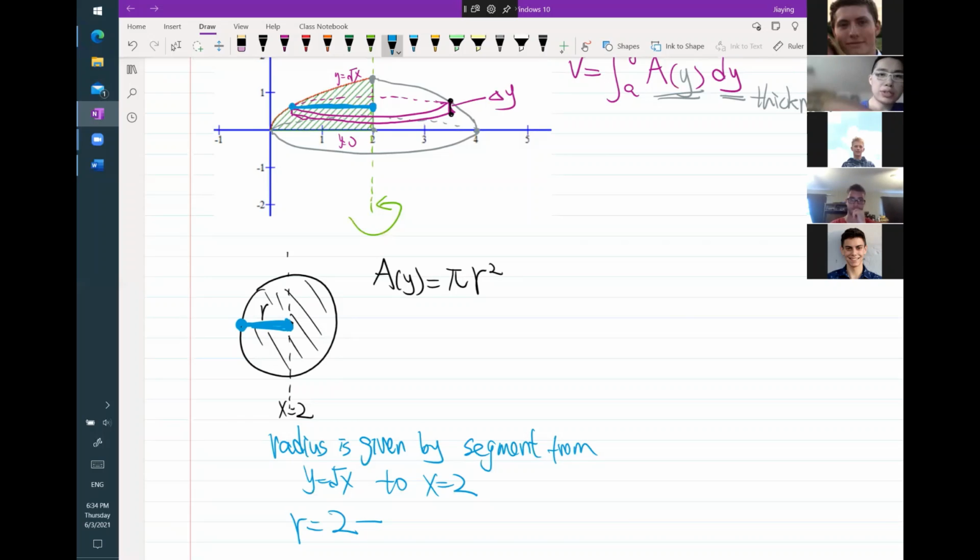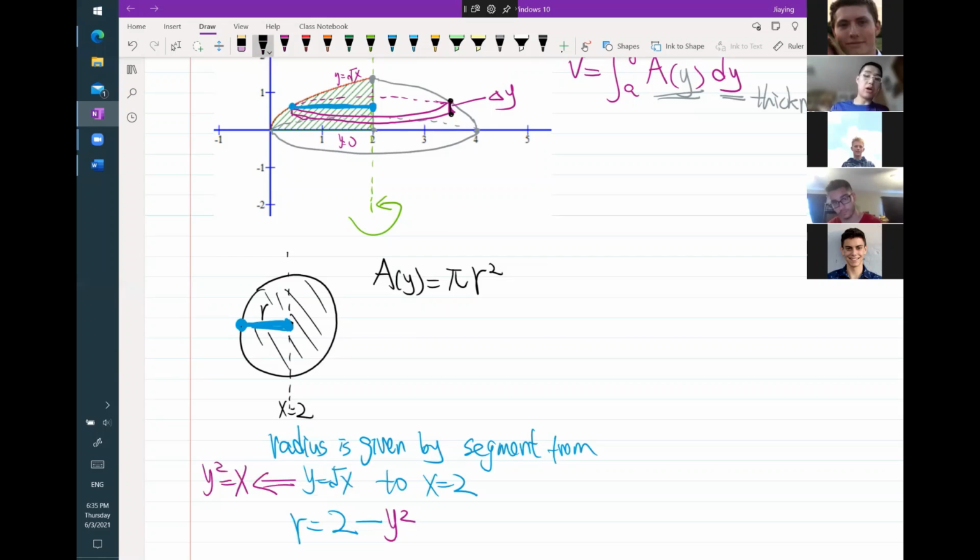We know it's y equals square root of x, but we cannot just use square root of x directly. We have to rewrite it in terms of y. Squaring both sides, y equals square root of x is equivalent to y squared equals x. So we have to use y squared there instead of square root of x, because we're subtracting the x values. So that's 2 minus y squared. That's the radius.